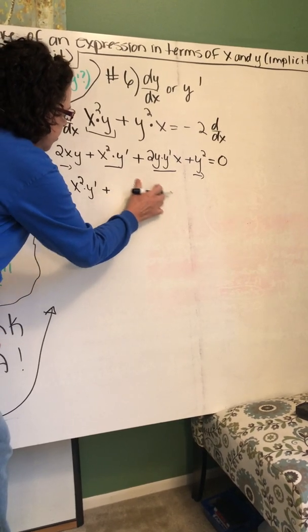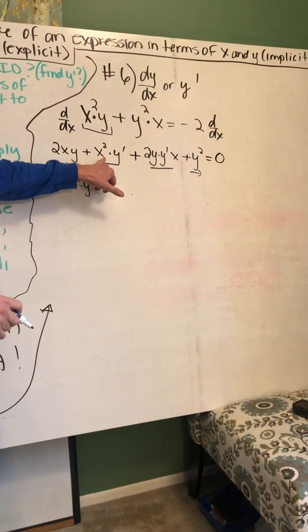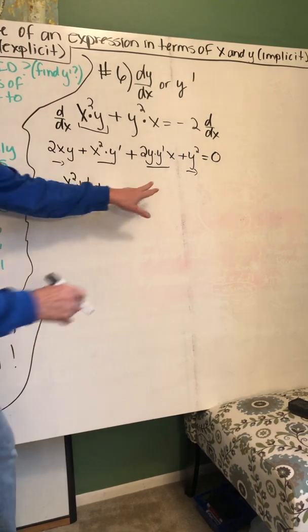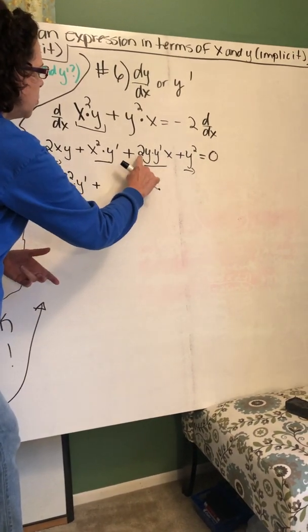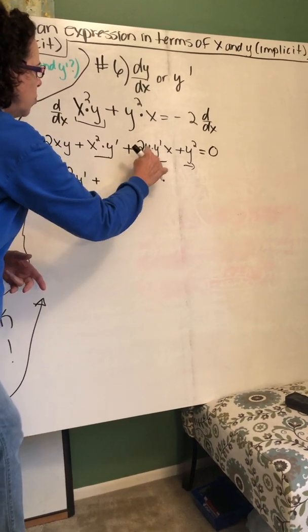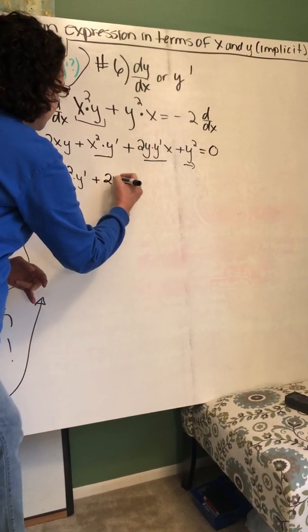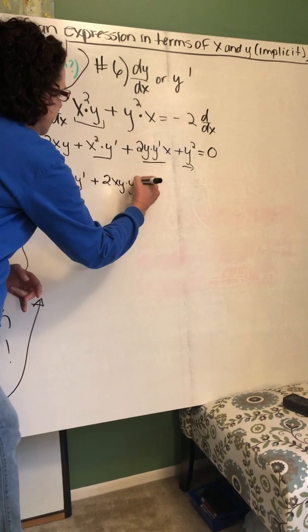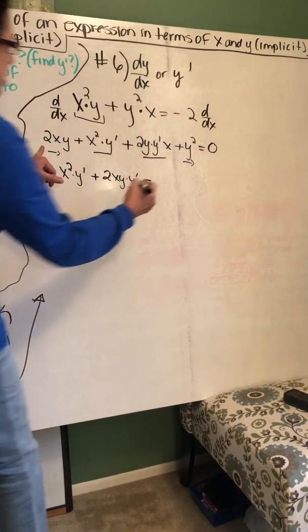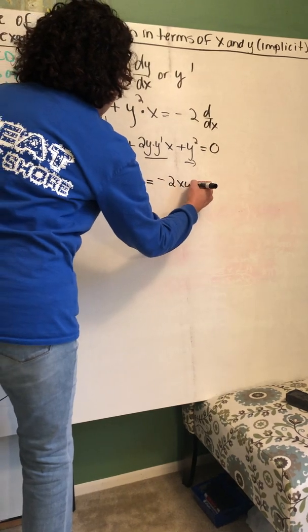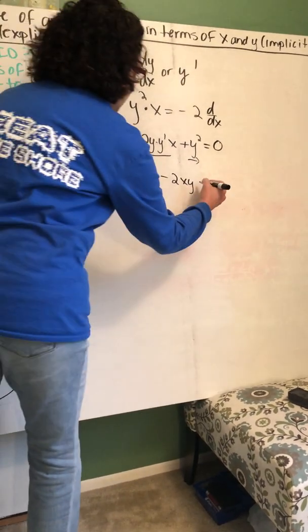So I'm going to rewrite this. Kept my x squared times y prime here. Right here, perfectly acceptable. I like my things in order. I'm going to call this 2xy. I always like my y prime at the end. Equals, I am going to subtract the 2xy, and I'm going to subtract the y squared.